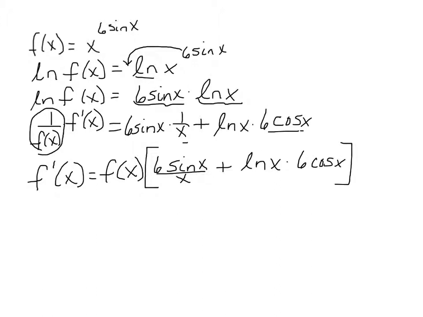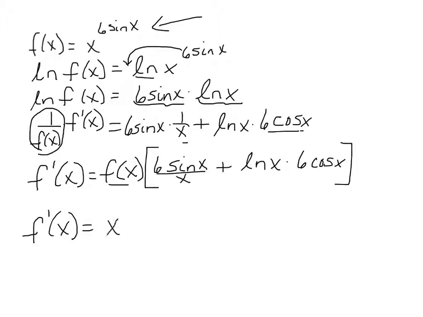Now you could leave the answer this way, but it really would be a better answer to put everything in terms of x and not have this f of x here as part of the answer. So I'm going to go back and look at what f of x was defined to be, and in the very first part of the problem we defined f of x to be x to the 6 sine x. So let's write that in now as our answer for f of x.